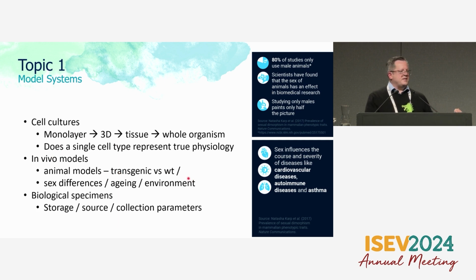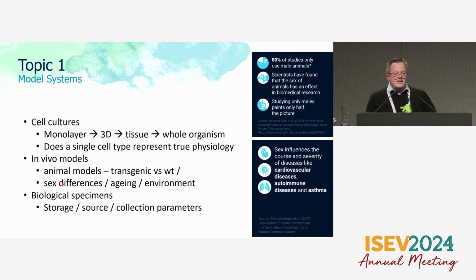We know there's many different strains of wild type mouse, for instance. They have quite distinct properties depending on the kinds of experiments you're doing. So you do need to think hard about the kinds of animal models that you're using. And also to consider things such as sex differences, the age of animals, and also the environment that's applied experimentally to those animals.